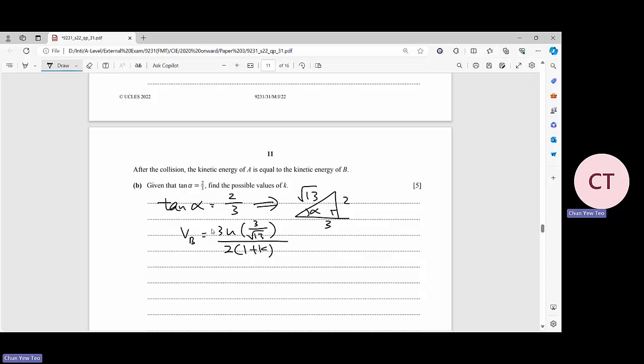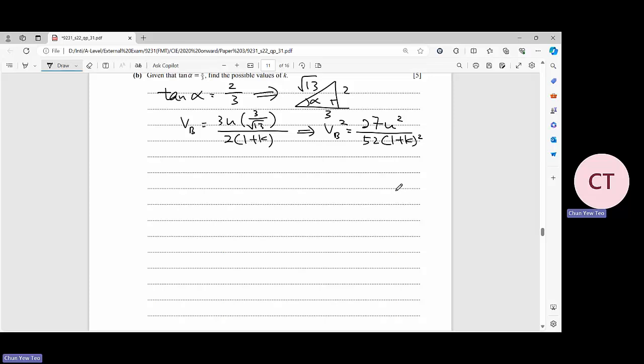But we are looking for kinetic energy, so later we will have v squared. So I will just have vb squared. Then I get this as 9 times 9 u squared over 52(1 plus k) squared. That is my vb squared.